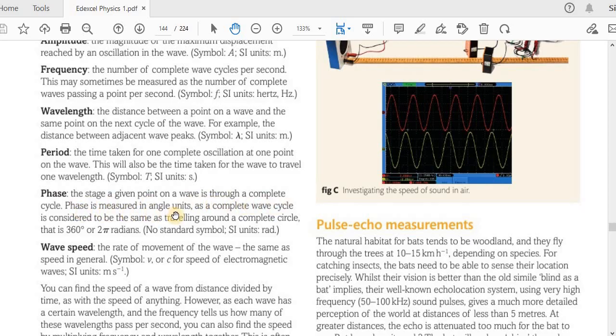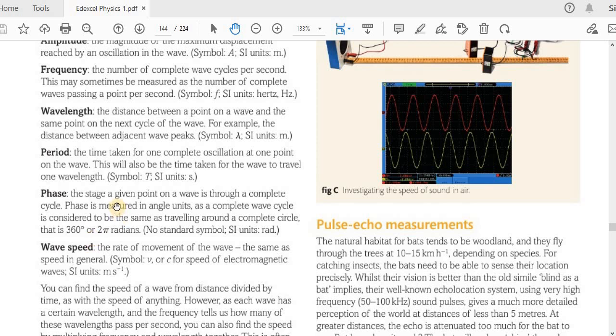Phase is measured in angle units as a complete wave cycle is considered to be the same as traveling around a complete circle, that is 360 degrees or 2 pi radians. Okay, so one whole wave cycle is 360 degrees or 2 pi radians.